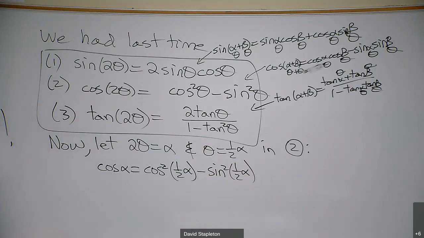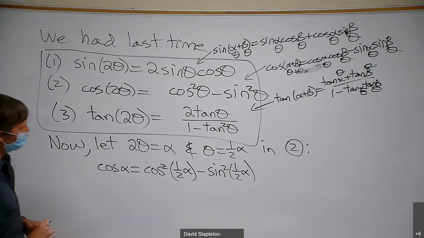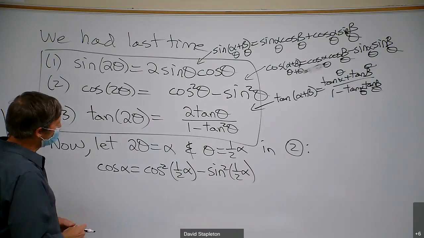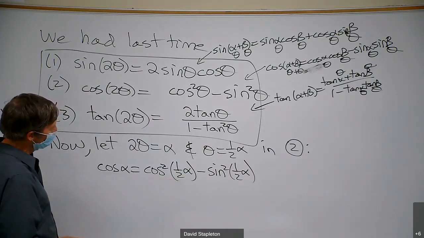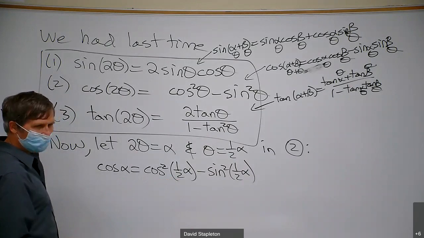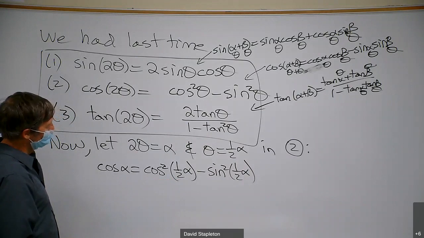There it is. Cosine alpha equals cosine squared 1/2 alpha minus sine squared 1/2 alpha. Now I have a half angle formula, right? If I know cosine and sine, I really just want one trig function of 1/2 alpha, don't I? So what can I do? See where I can go with this?